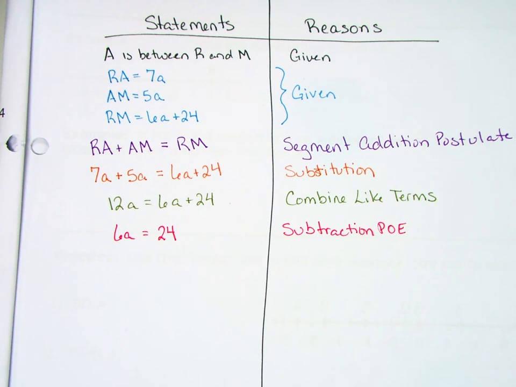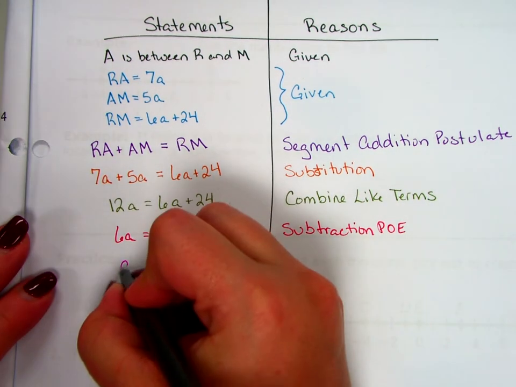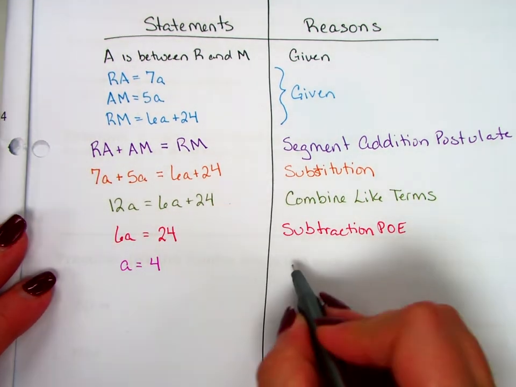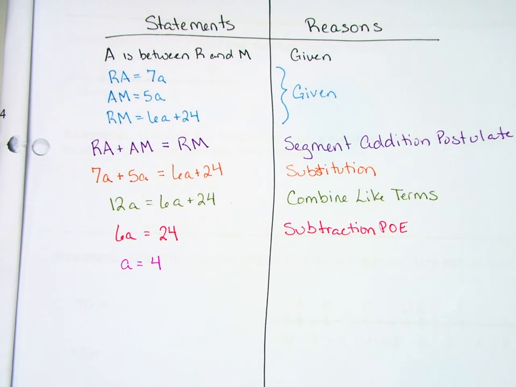Okay, now what? Divide both sides by 6. So A equals 4. What do I write over here? Division property of equality.